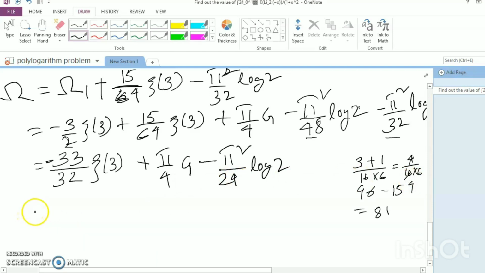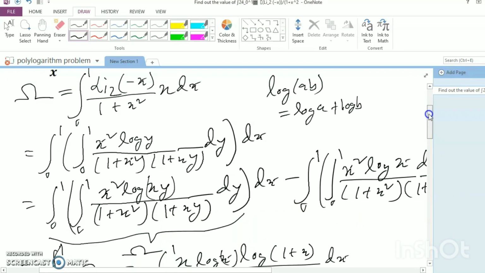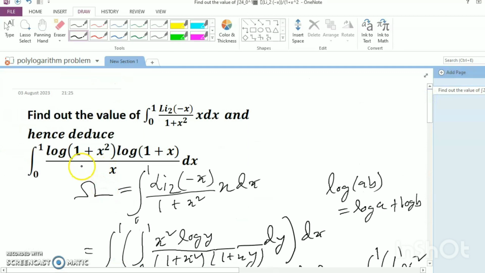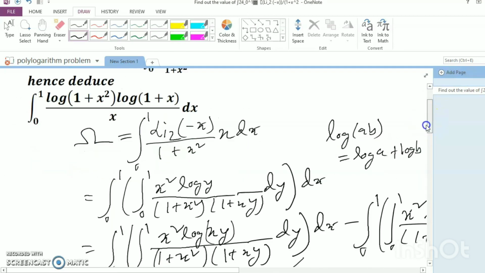Now friends, I have to reduce the value of log 1 plus x square, log 1 plus x divided by x.